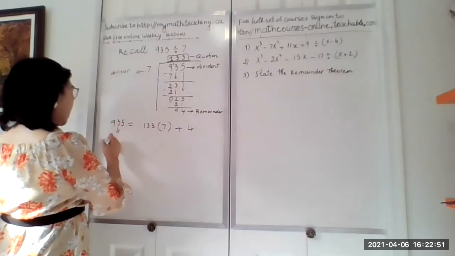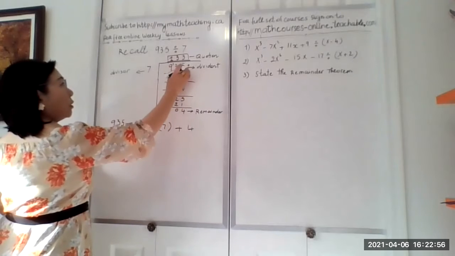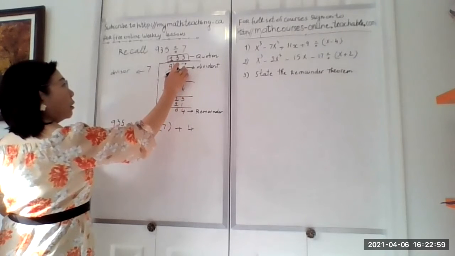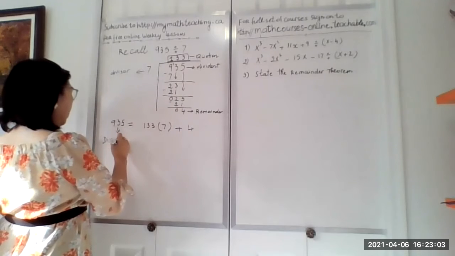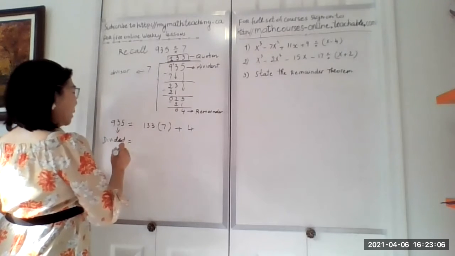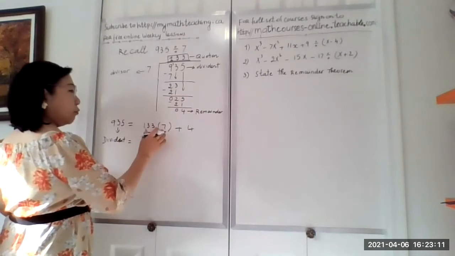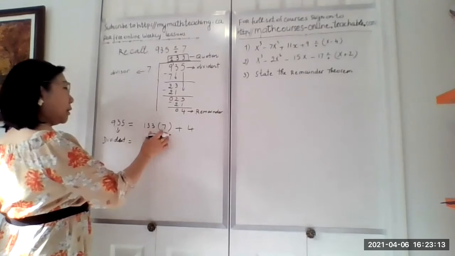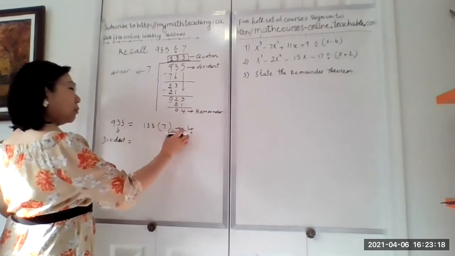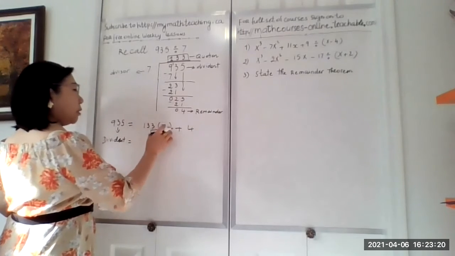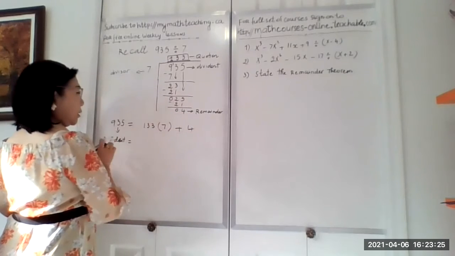Obviously, in this statement the left side equals the right-hand side. The original number we divide, 935, we call the dividend. The dividend is divided by these two factors, and when they multiply together and we add the remainder, they equal this. If we don't have a remainder, say the remainder is 0, then this is equivalent to this.